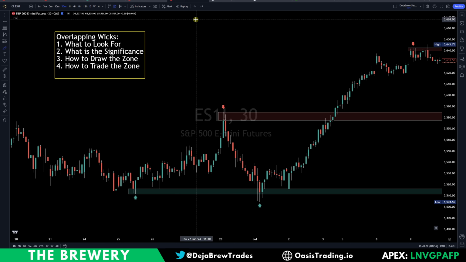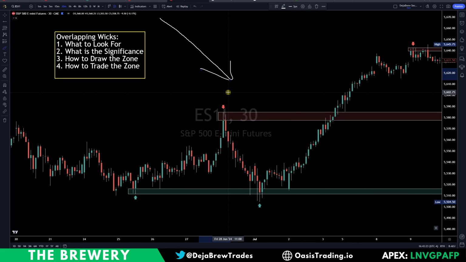Okay? So when we see that overlapping wick, what is the significance? We kind of covered that a little bit already, but basically it's a zone where, if it's going up, the sellers are finding a lot of value, or if it's going down, the buyers are finding a lot of value. They are fighting against whatever that prevailing trend is. So if the prevailing trend is bearish, and then we start to see those overlapping wicks on the lows, let's say we have some candles kind of like this, kind of like hammer candles.